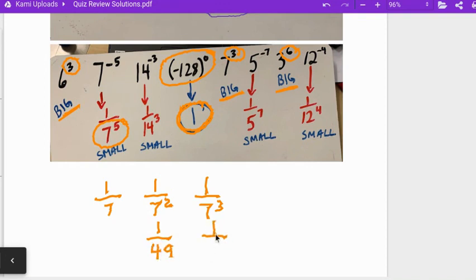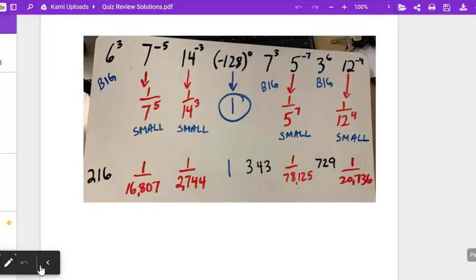I don't even know what 7 times 49 is off the top of my head, but it's going to be very big. The bigger the power in the denominator, the smaller the fraction, the closer to 0 that it is.